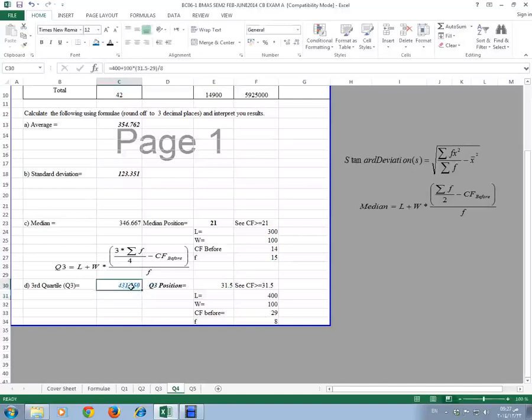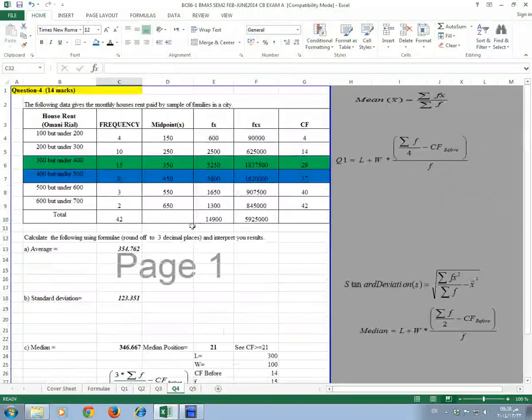This will give us the third quartile. Also here in this question it is said to interpret your result, that means explain this.